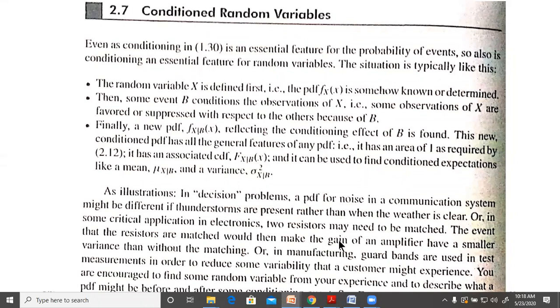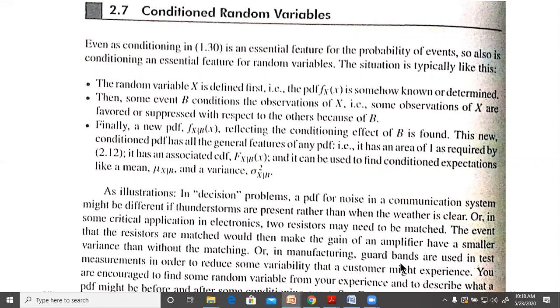Or you can consider manufacturing, where guard bands are used in the test measurements in order to reduce some variability that a customer might experience. So if you put more guard band, how much will be the variability?